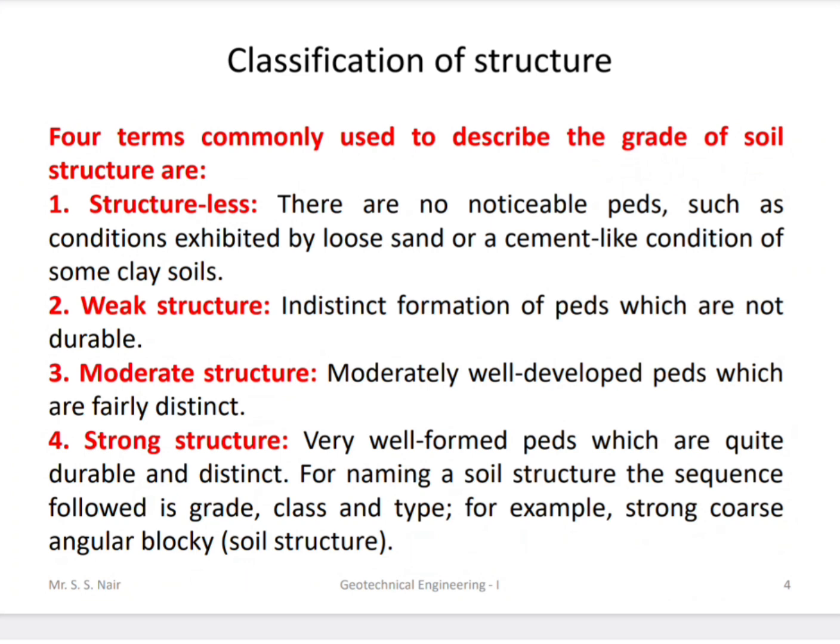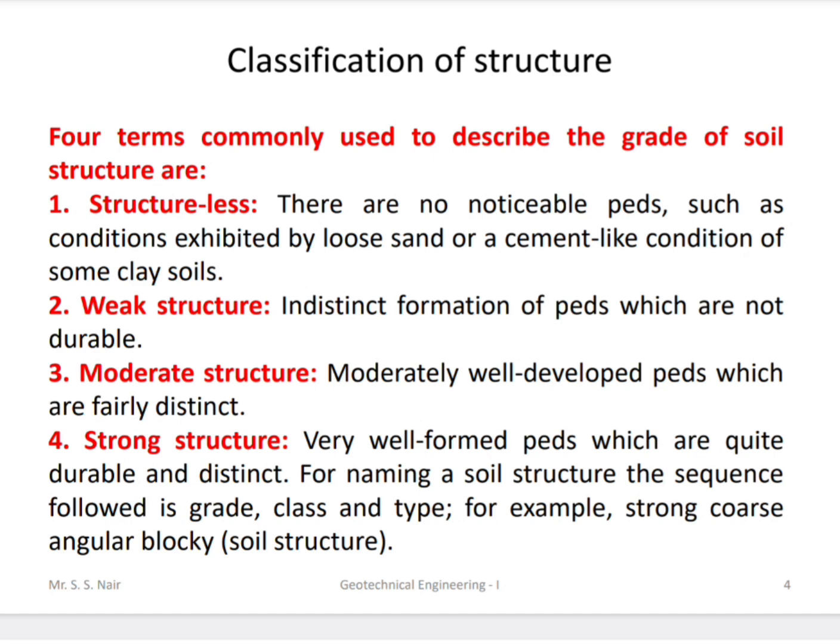Now, according to the structure classification, you can see four terms commonly used to describe the grade of soil structure. Structureless: no notable peds, exhibited by loose sand or the chemical cement-like condition of some clay soil.